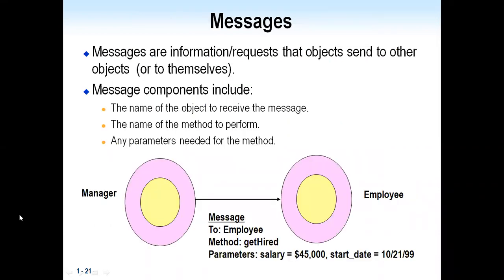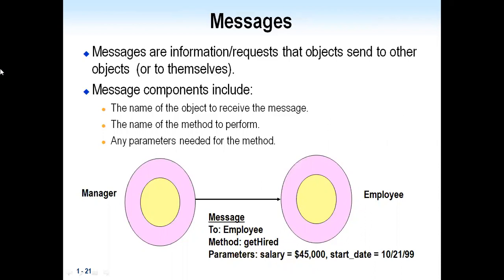Next one is message passing. Message passing is an information or request that an object sends to another object. Sometimes objects send the message to themselves, which is called a self message. Messages are information and requests, and an object can send a message from one object to another.